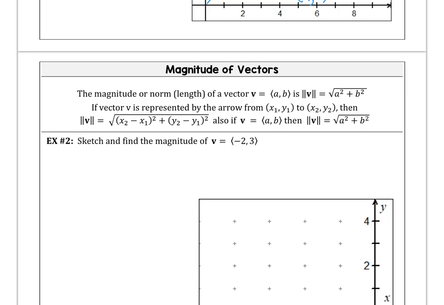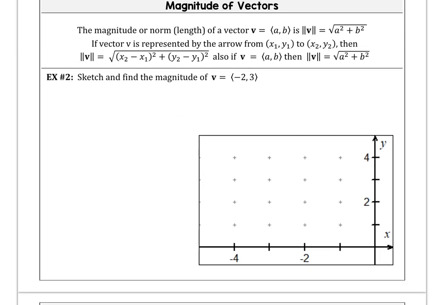Let's sketch and find the magnitude of vector v that terminates at (-2, 3). That's the terminal point. And we know this is vector v. That's a little arrowhead there. You can see the direction and the height. So 2 here.